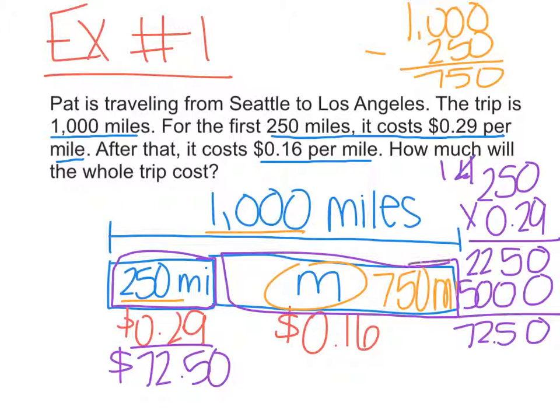Now let's do the same thing for this part of the trip. We know it was 750 miles, and every single one of them was 16 cents. So let's multiply 750 miles times 16 cents.